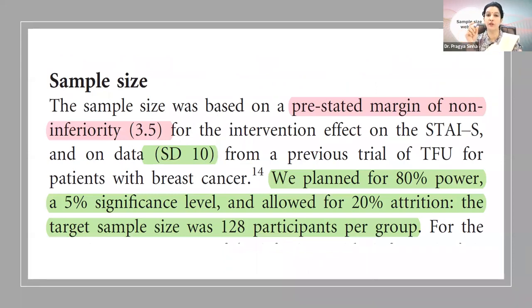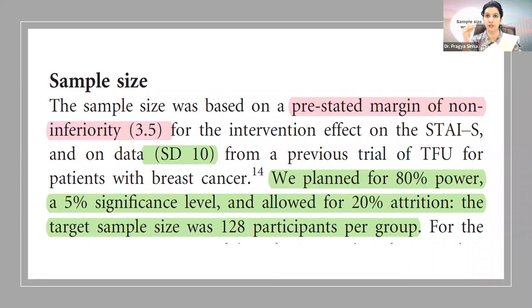This is again a continuous outcome because it is measured on a score. A higher score means high morbidity, that means high anxiety, and a lower score means less anxiety. So this 3.5 means that the new follow-up may score only 3.5 more than the traditional follow-up, because it will be worse.